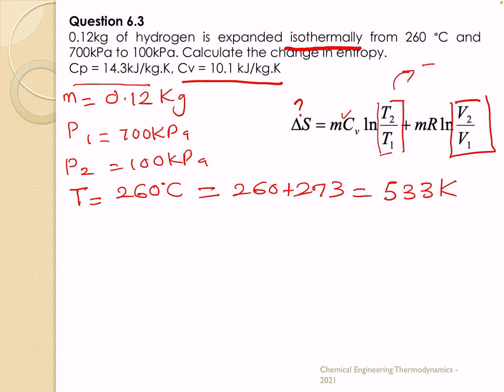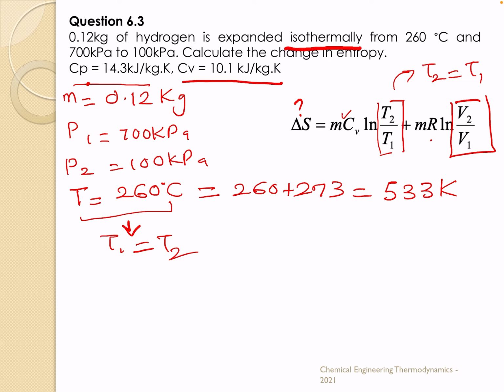It tells you T2 equals T1. So this will be 1. Ln 1 will be equal to 0. We'll break it down further as we move on. This also tells us that those values are both T1 and T2. Remember, we've not been given R.